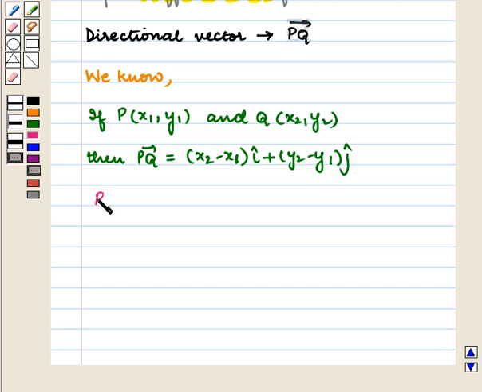So here vector PQ is equal to vector u, which is equal to (4 minus 1) i cap plus (5 minus 1) j cap, which is equal to 3 i cap plus 4 j cap.